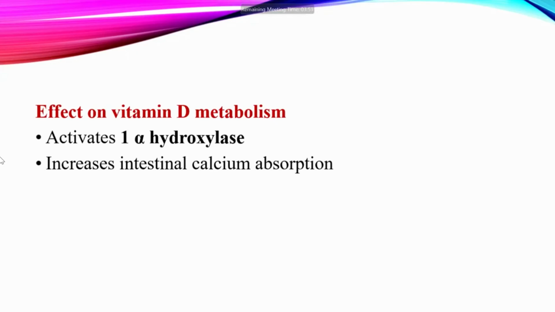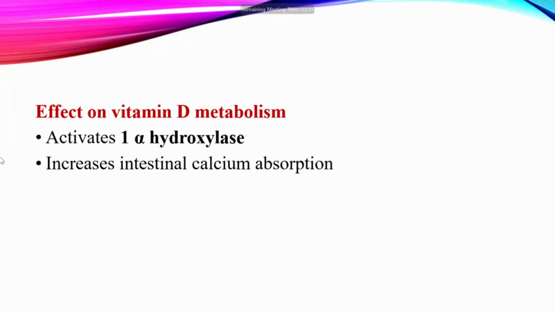And for that, it requires the activity of the enzyme called 1 alpha hydroxylase. And parathyroid hormone stimulates the 1 alpha hydroxylase enzyme, which converts vitamin D to its active form called calcitriol.